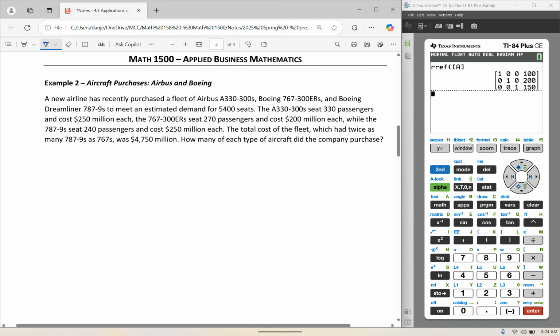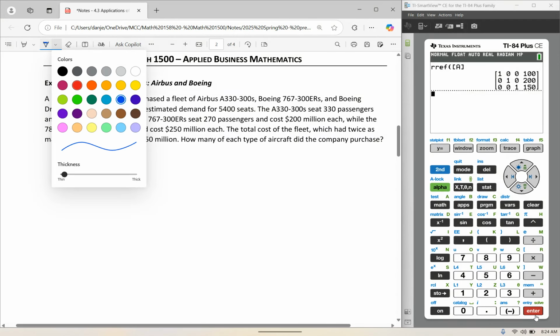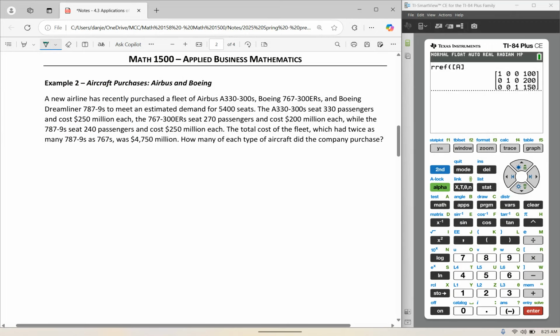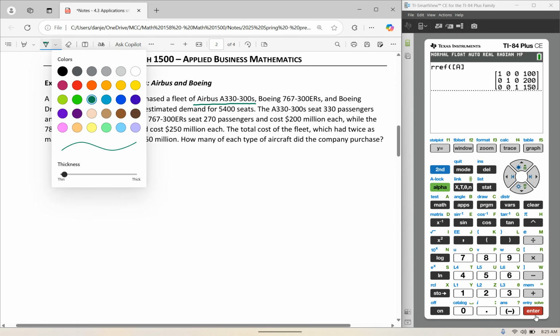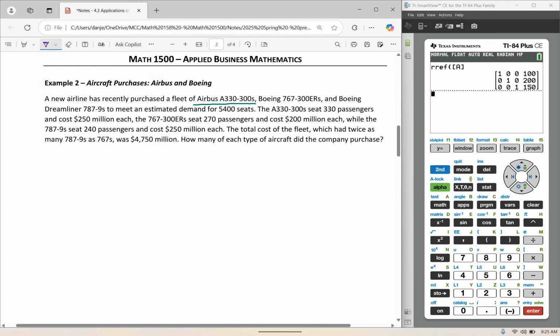This one, aircraft purchases, Airbus and Boeing. I will tell you one of the things in this problem that gets me sometimes a little flustered is we're using the names of the airplanes. A new airline has recently purchased a fleet of Airbus A330-300s. Use different colors here.